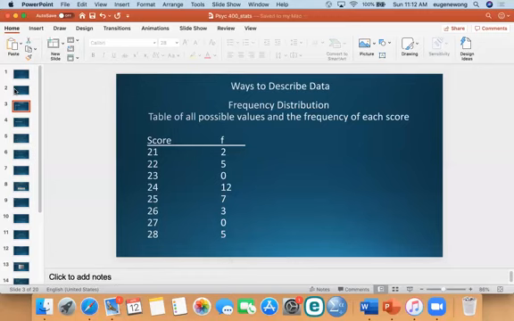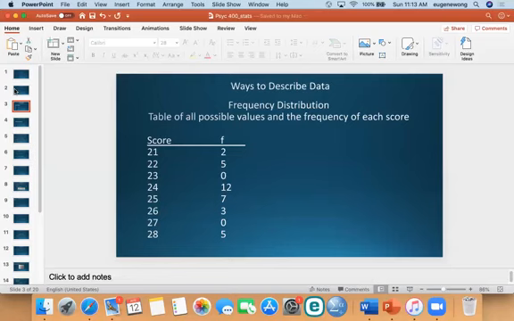So this means there were 2 21s, 5 22s, 0 23s, 12 24s, 7 25s, 3 26s, 0 27s, and 5 28s. If you were to go back to the previous slide and count up how many 21 through 28s there were, the numbers in the column labeled F should correspond to what you counted.